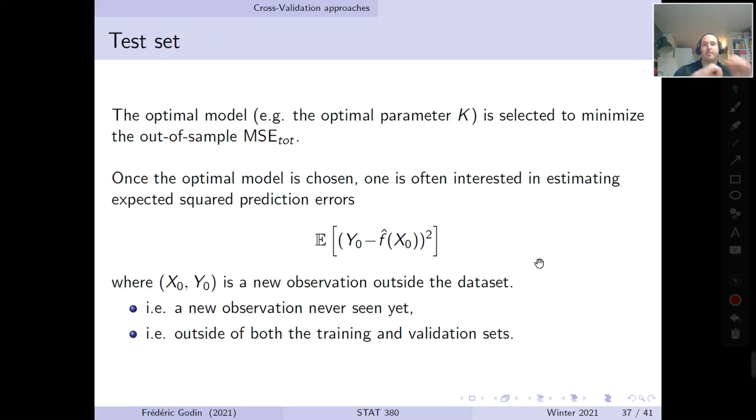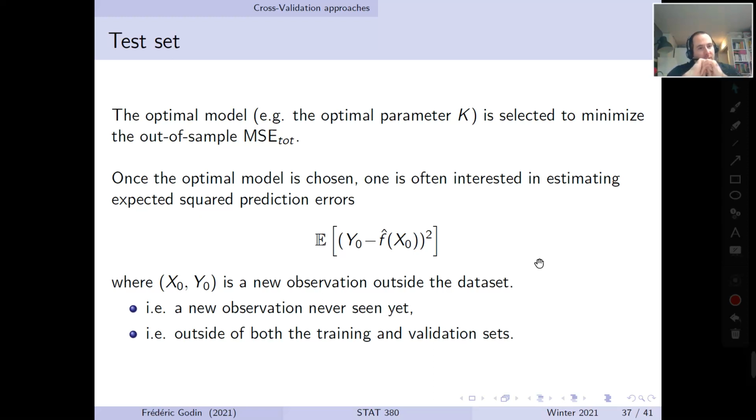Okay. So now let's say we follow the previous procedure and then we select our most suitable K, which maximizes the out of sample performance or minimizes the out of sample mean square error. That's great.